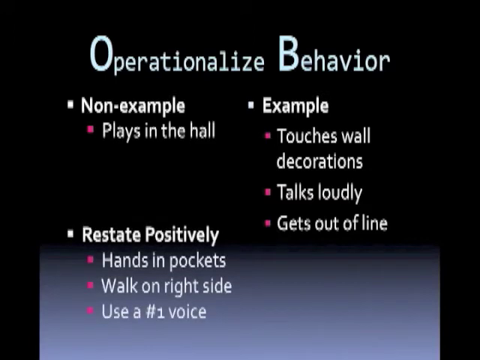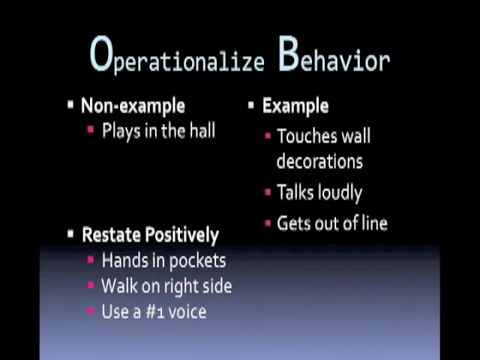And then after we get the behaviors measurable and observable, we want to restate them positively. So what do we want them to do instead? Instead of saying, don't touch the wall decorations, we want to teach Johnny to put his hands in his pockets whenever he's walking in the hallway.